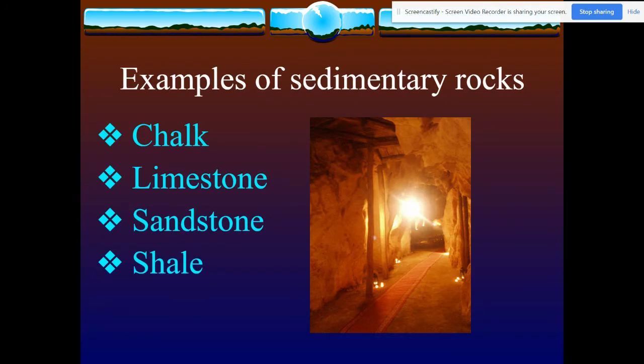Natural examples of sedimentary rocks are going to be chalk, the same chalk we use to draw on the chalkboard, limestone, sandstone, and shale. All of these are very light in color, tend to be white or tan. You see buildings made out of limestone sometimes. There's texture to them because of how they come together, as we're looking at with sedimentary rocks.